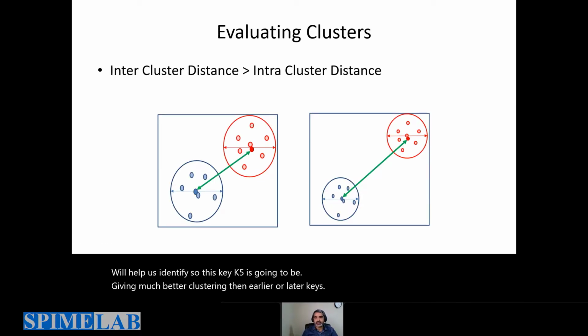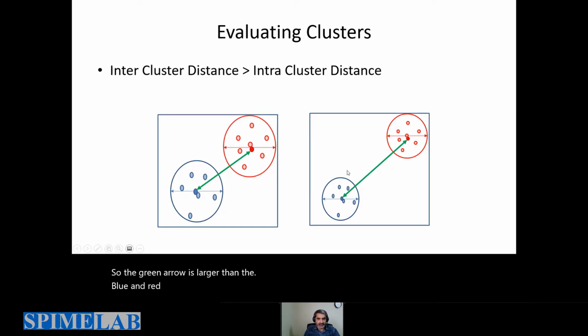The other natural kind of intuitive way to evaluate clusters created by k-means or partitional clustering algorithms is this heuristic. Intercluster distance is larger than intra-cluster distance. So the green arrow is larger than the small blue and red arrows.